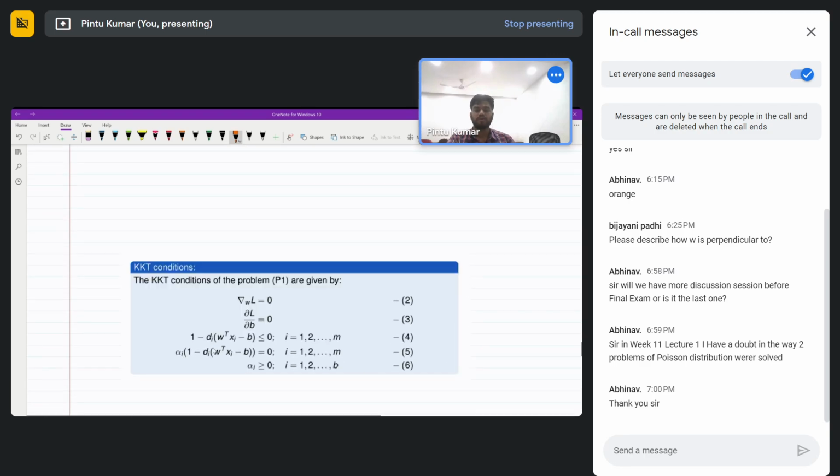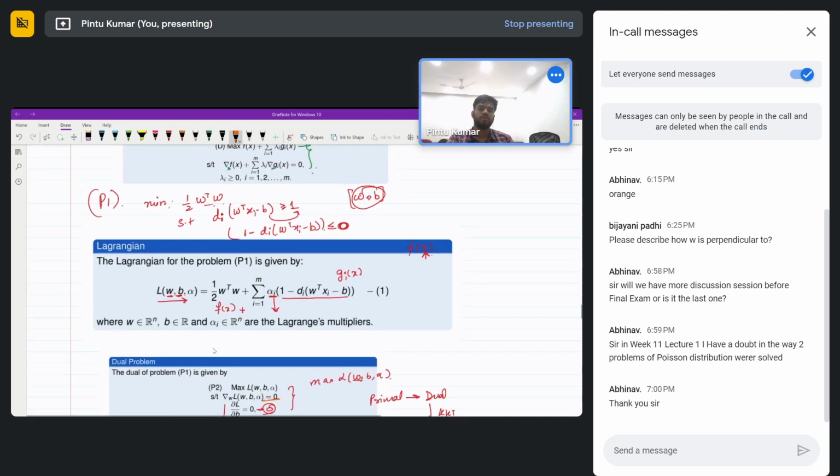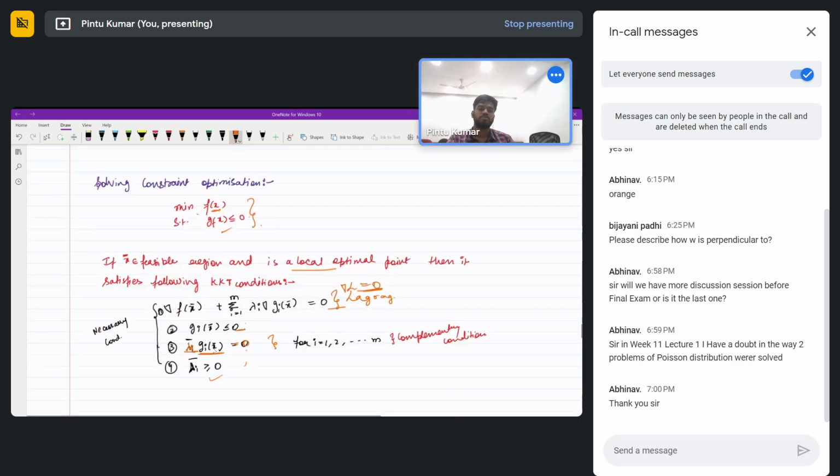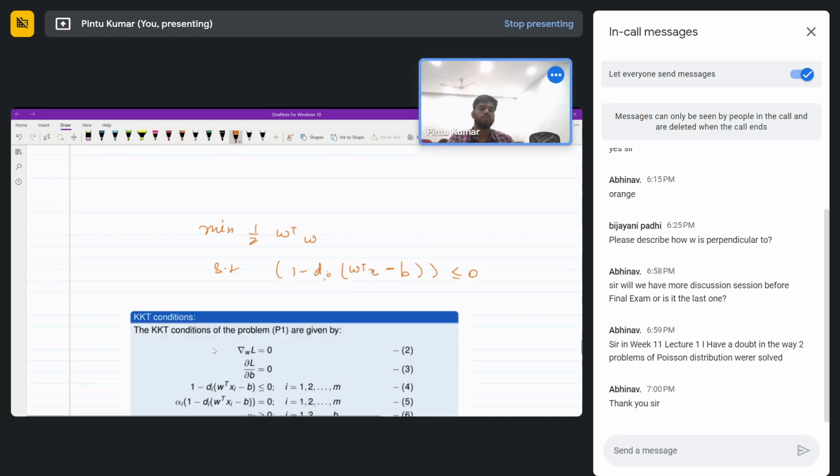So the problem again was to minimize half W transpose W subject to the constraints that we got, which were 1 minus di times (W transpose x minus b) less than or equal to 0.